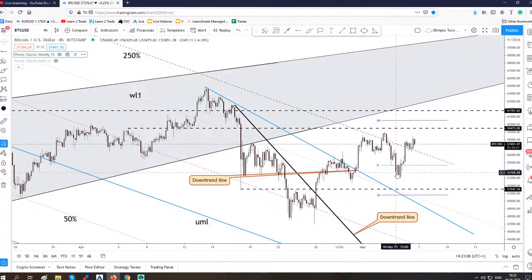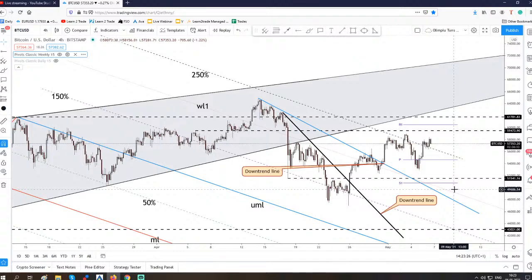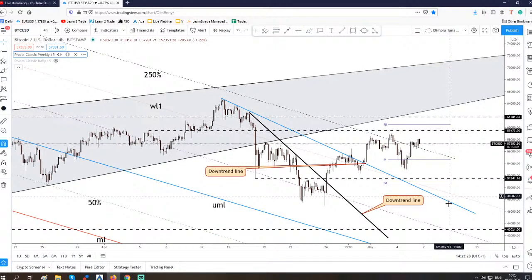The price had decreased after failing to stabilize right above the 250% Fibonacci line, but this bullish engulfing right below the weekly pivot has signaled that we may have a new upside momentum on Bitcoin, and now it's traded back above the 250% Fibonacci line.